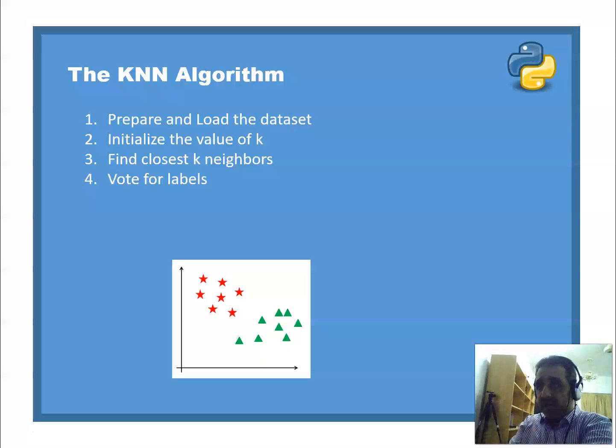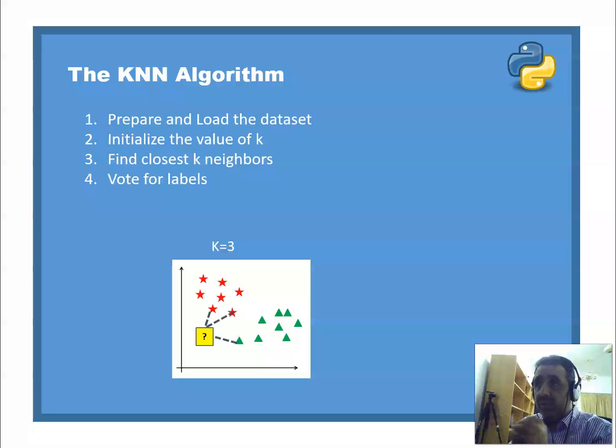Now, suppose that here in this space we have two classes, star and triangle, and P1 is the point that we want to predict, which is a new point. Actually, it is an unseen point. We set the value of k to 3.